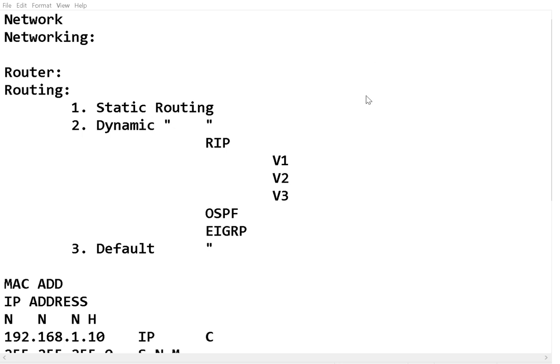Again double click on the router, switch it off, add the WIC-2T, and switch on the router. Now see, Serial 0/0 and 0/1.